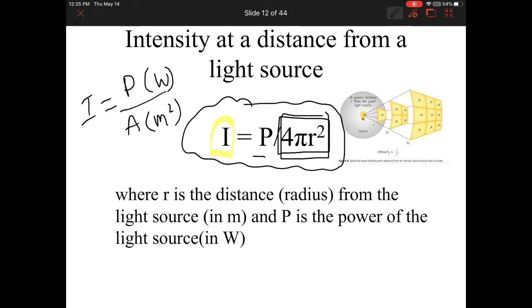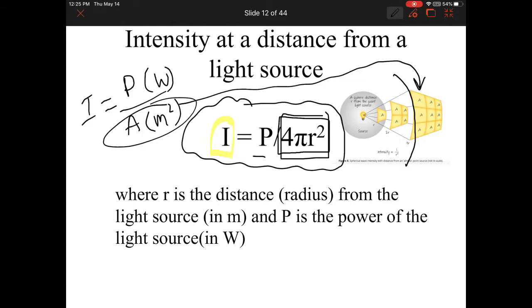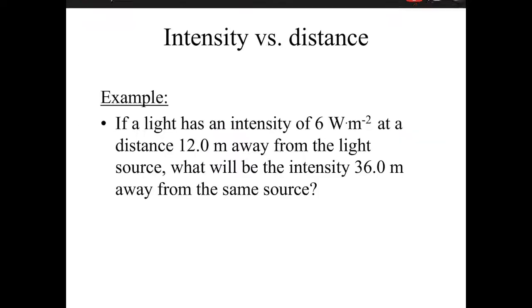That is simply the area of a sphere. Because these sheets are in a spherical shape, the area that the energy is passing through is the surface area of a spherical shape.